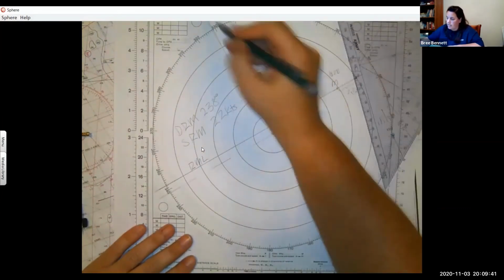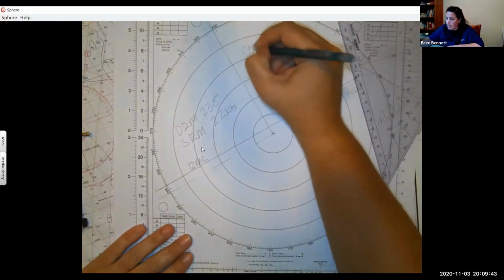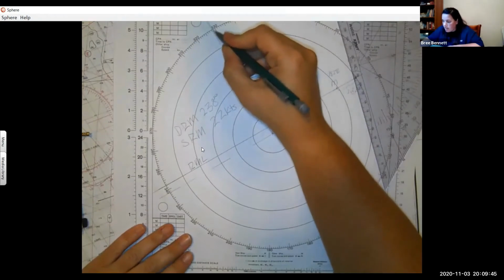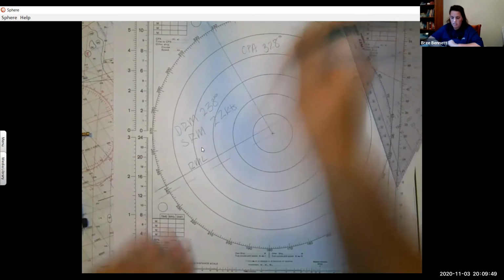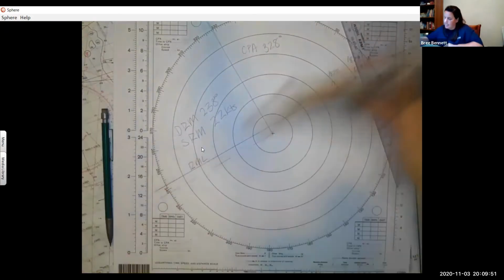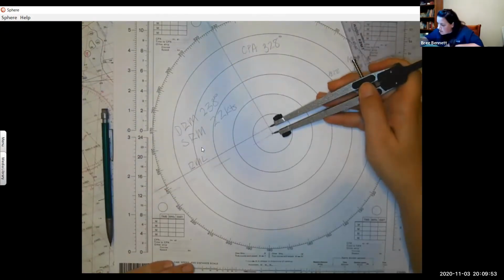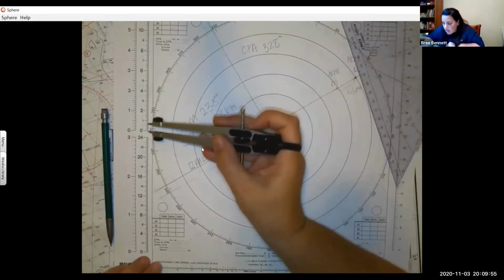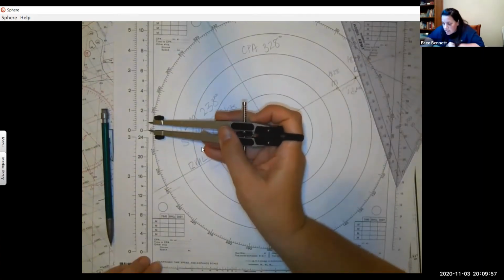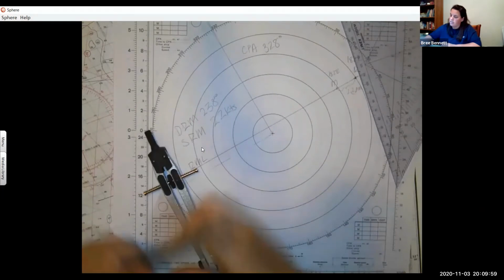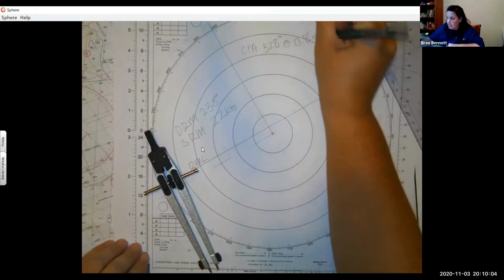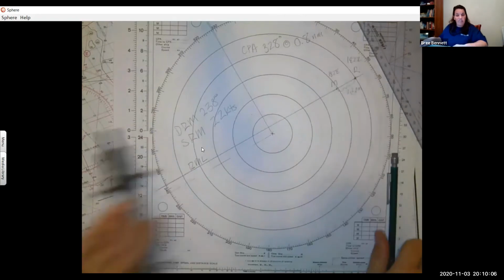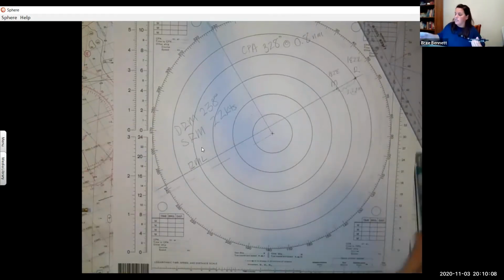Okay, so my CPA is going to be at a direction of 328 degrees at a distance of 0.8 nautical miles. Then we have to figure out time, TCPA.